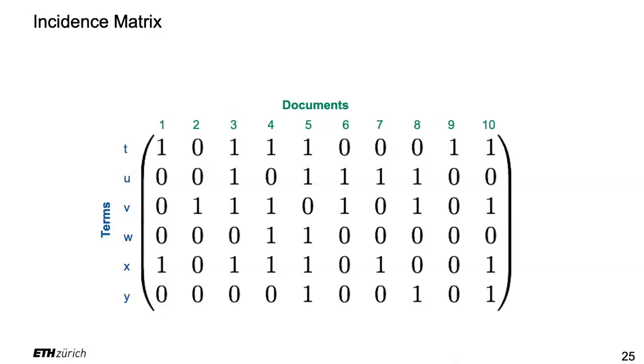So mathematically, it's very adequate to represent what we are looking for. It looks good, and we can work on that. So an example, for a Boolean y5, we have a 1 because term y appears in document number 5.